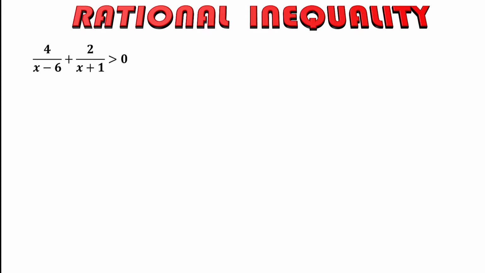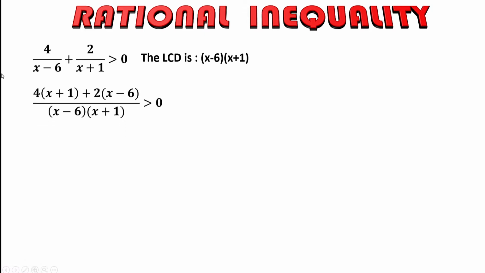The first step to find the solution of this inequality is to find the LCD, the least common denominator. In this case, the least common denominator is x minus 6 times x plus 1.